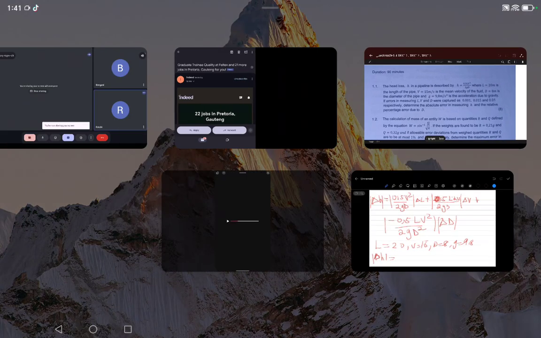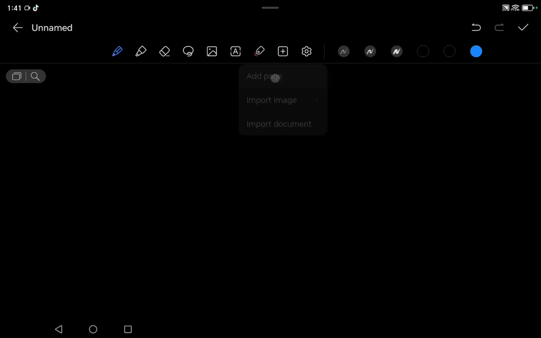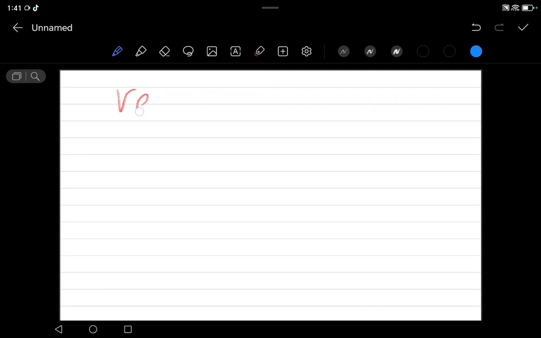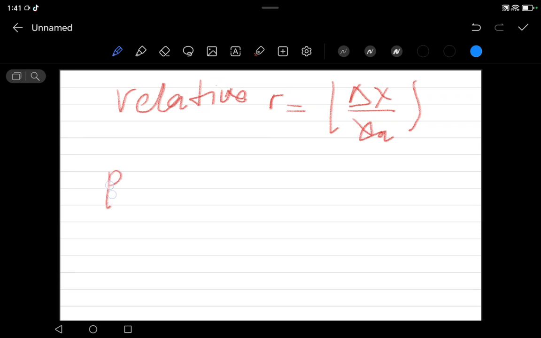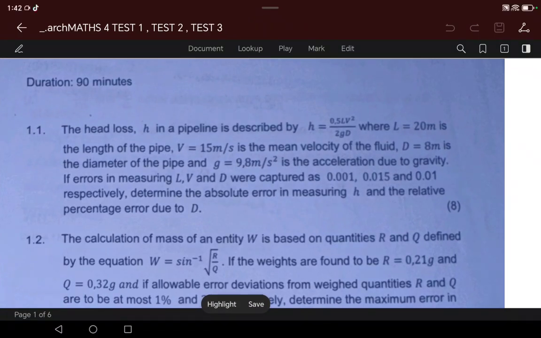I think so. Okay, so remember I said on the error we have relative error. Relative error, R equals the absolute error, let's say X over XA. And then the percentage error was 100 multiplied by R. So here they want us to determine the relative percentage error.